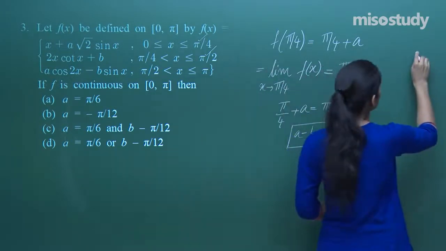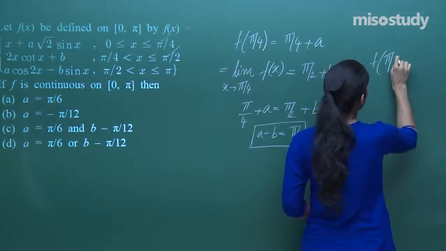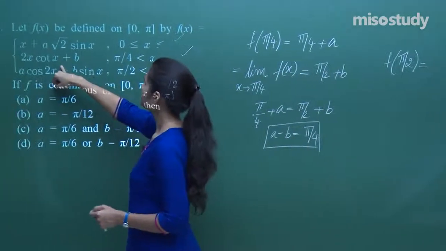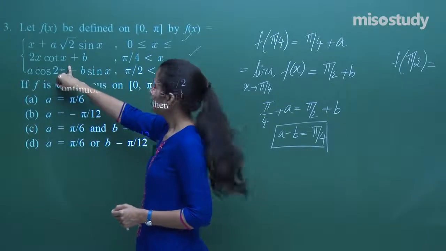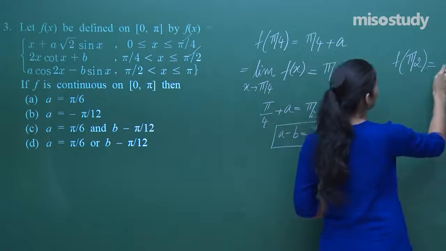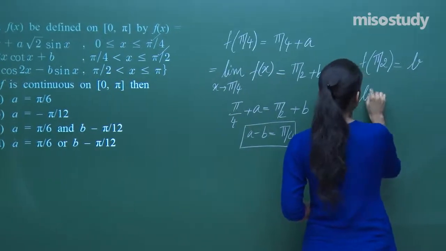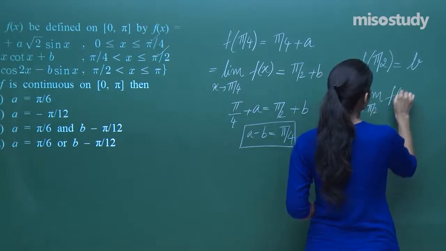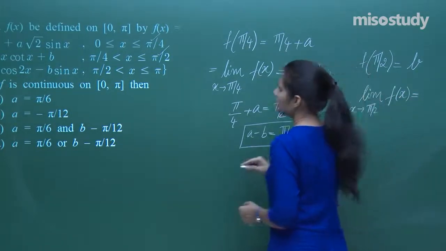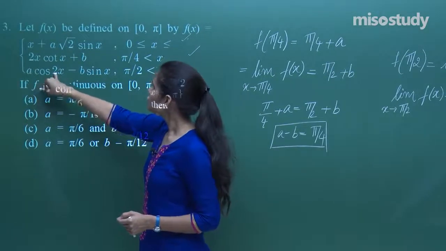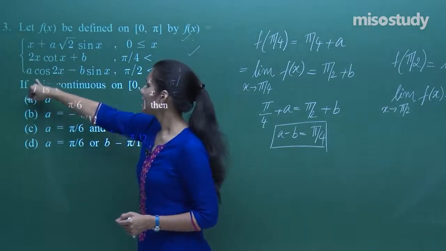Similarly, if I talk about value of the function at the next point, that is pi by 2, if I take it over here, what is it that I am getting? Cot pi by 2 is 0, so I am just getting b. So f of pi by 2 is b. And if I talk about limit x tends to pi by 2 of f of x, it is actually this. So it is a cos 2 pi by 2, so it is a cos pi.